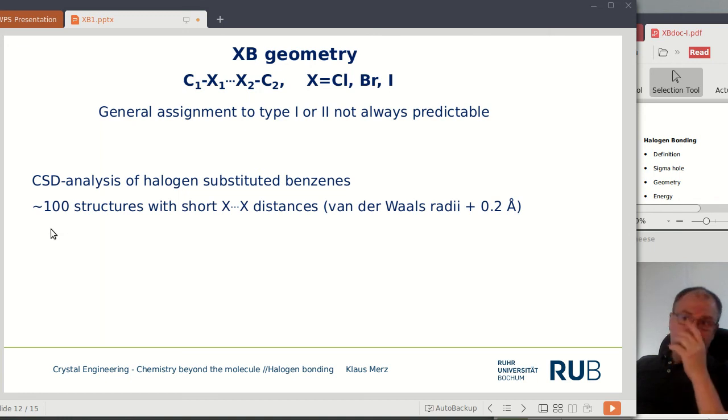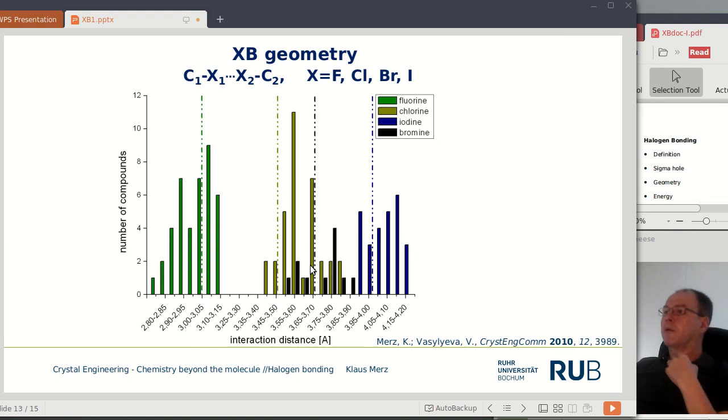An analysis, a survey of about 100 structures of halogen-substituted benzenes. So this is a very robust backbone, and we only switch the substitution pattern and the number of halogens at the aromatic backbone. So this is the result.